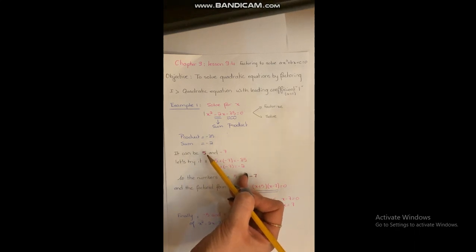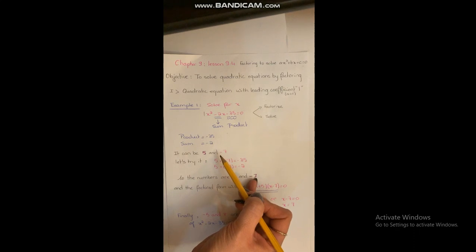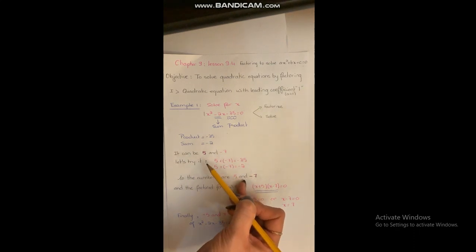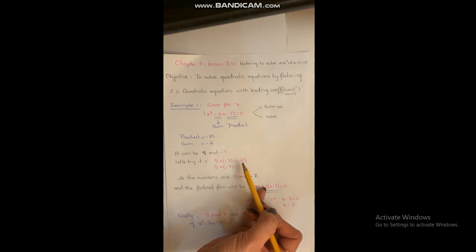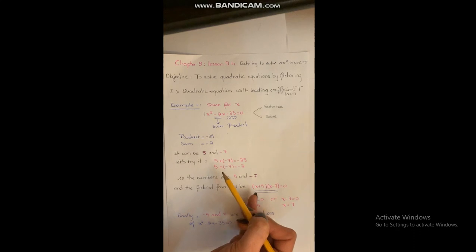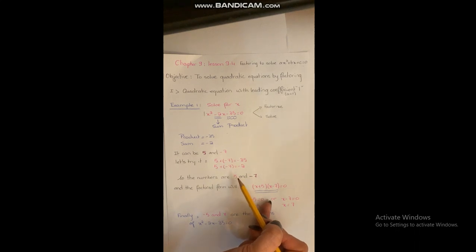It can be 5 and -7. Let's check it. 5 multiplied by -7 gives -35. 5 added to -7 gives -2. So the numbers are 5 and -7.